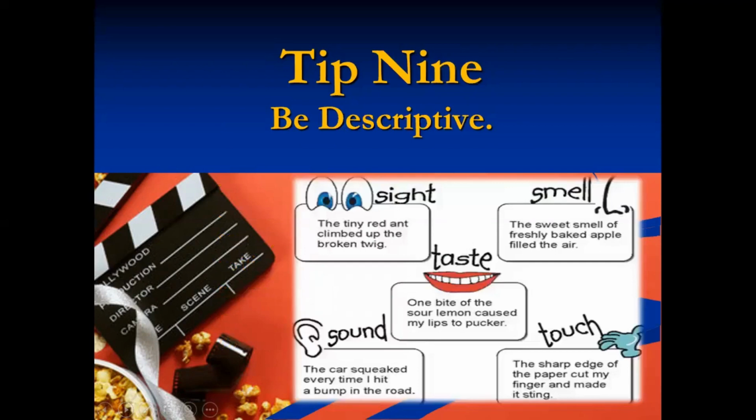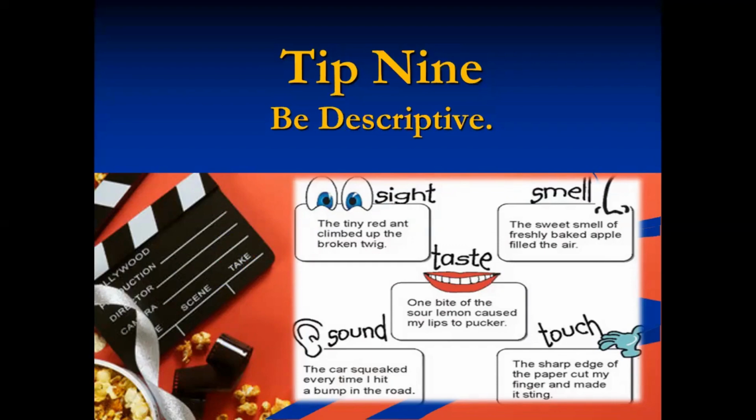So let's look at some examples. Taste. One bite of the sour lemon caused my lips to pucker. Sound. The car squeaked every time I hit a bump in the road. Sight.